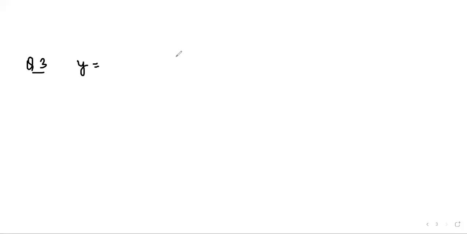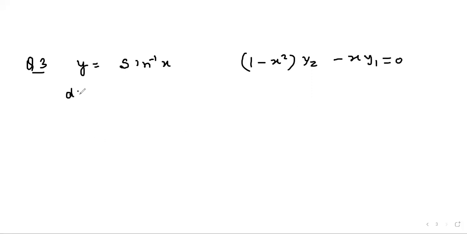Question 3. y equal to sine inverse x. We have to prove that 1 minus x square times y2, meaning second derivative, minus x y1 equal to 0. So let's find out dy by dx, which is y1, equal to 1 upon root of 1 minus x square.